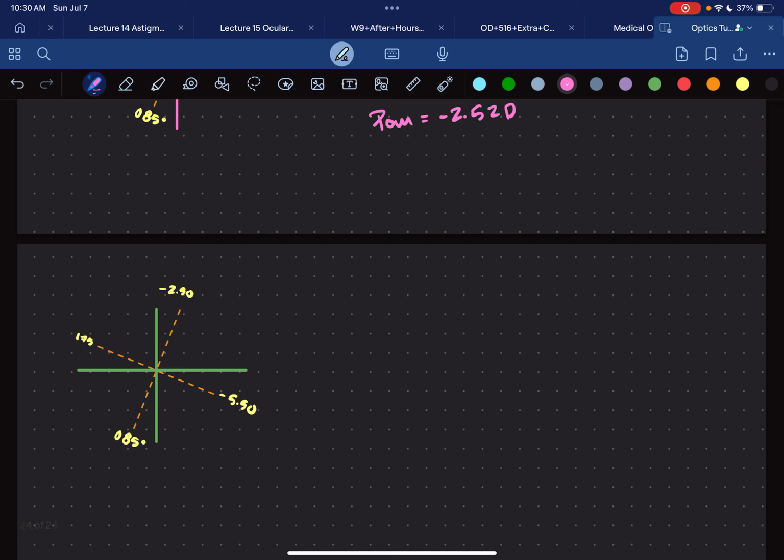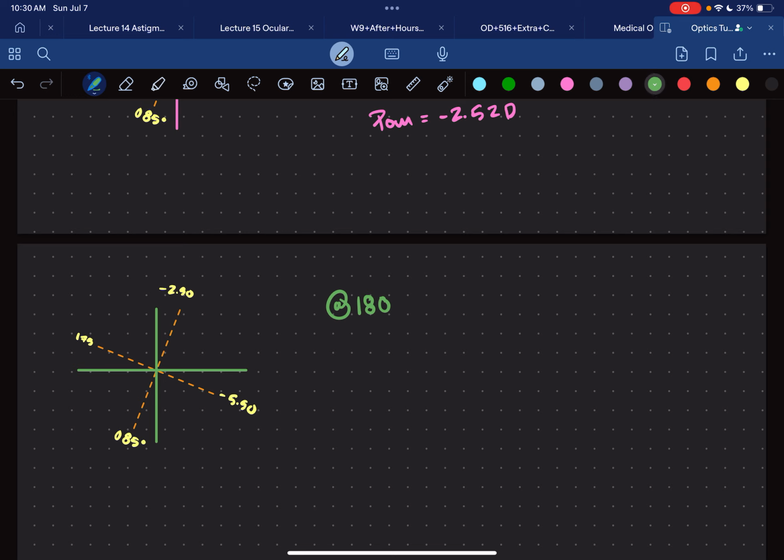Let's find it now at the 80. There are a couple of different ways you can think about it. You can do it from here to here, or you can do it from here to here. Either way, you will get the same answer, so I'll do both so you can see that. Let's start with this larger angle, from here to here.